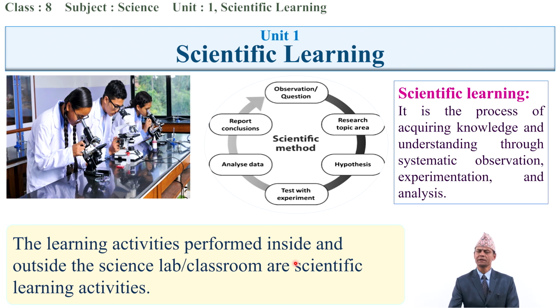So, scientific learning is a process of acquiring knowledge and understanding through systematic observation, experimentation, and analysis. Scientific learning involves experiment. Scientific learning involves analysis of the fact. Is it true or false? Whether it is correct or incorrect. Then we can try to find the authentic result, authentic information, so that we can get the true result and we can analyze it.